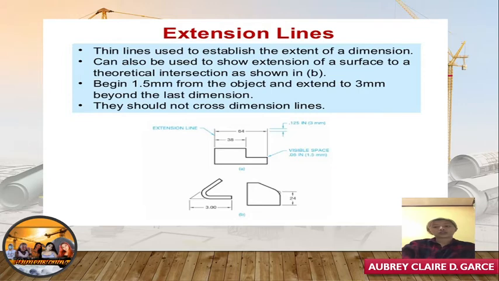They should not cross dimension lines. Extension lines allow you to show a measurement without having to put it on the component. If adding extension lines isn't feasible, dimensions can be put on a section.